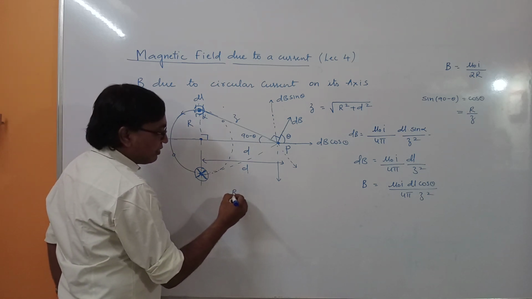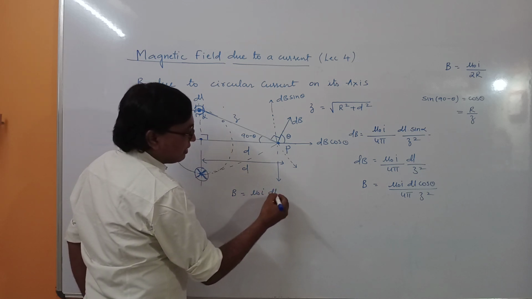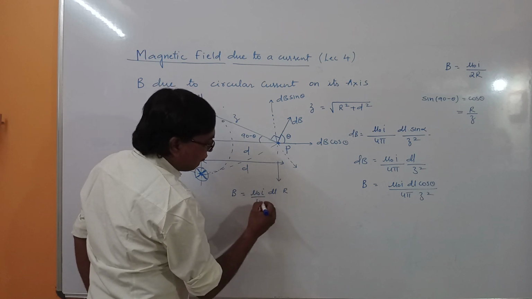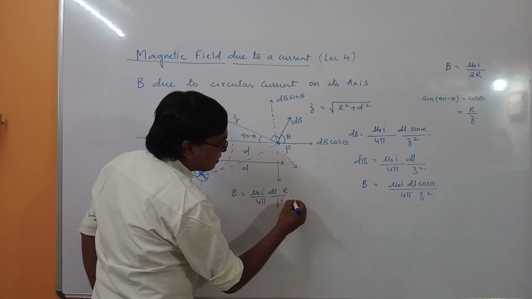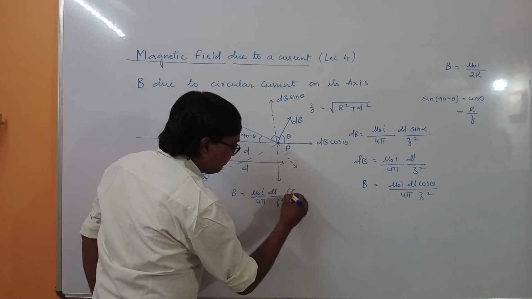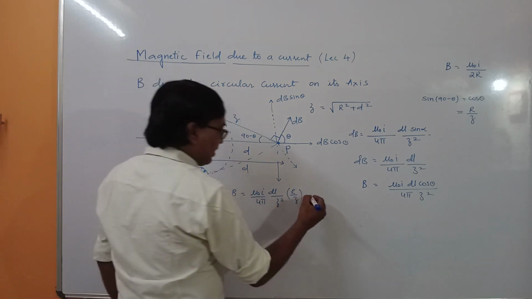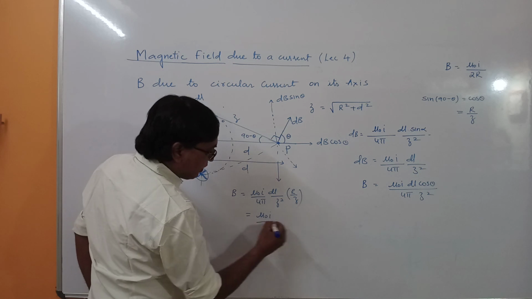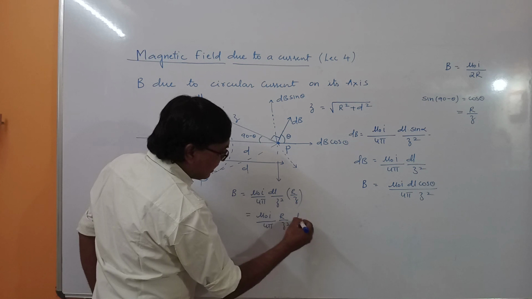So B will be equal to mu naught I dl cos theta, which is R upon Z, over 4 pi z square. This is z square into z. So this will come out to be mu naught I by 4 pi, R upon Z cube, dl.